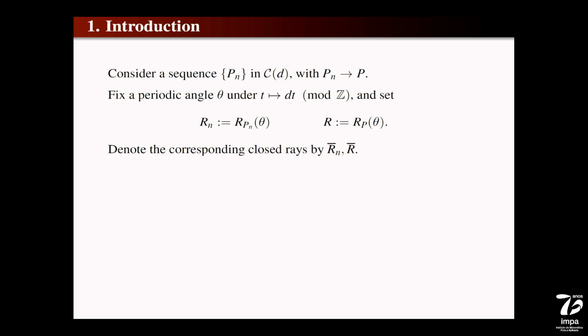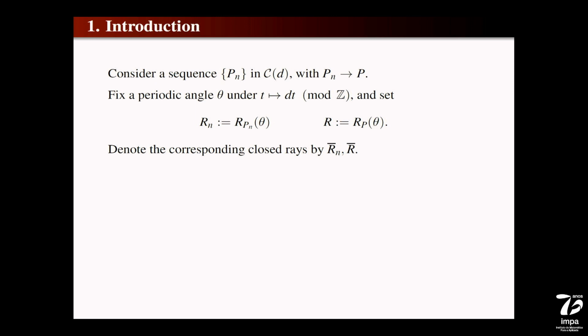Let's assume we have a sequence of polynomials, say P_n, in the degree D connectedness locus, and this sequence converges to some polynomial P. Throughout the discussion, I'm going to fix a periodic angle theta under multiplication by D. So this is a periodic ray, and we know that such a ray lands at a periodic point, which is either repelling or parabolic.